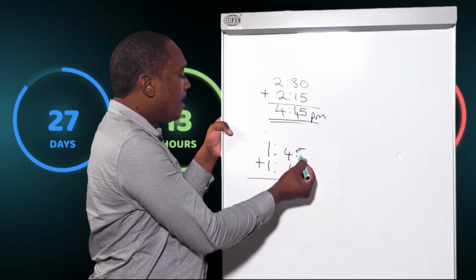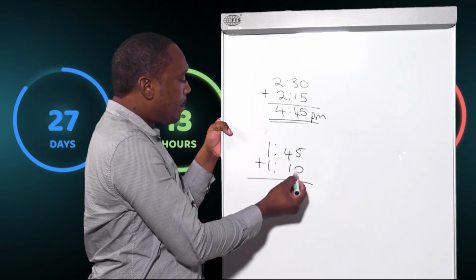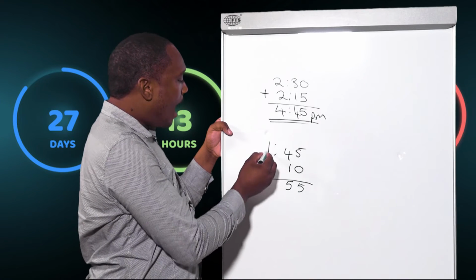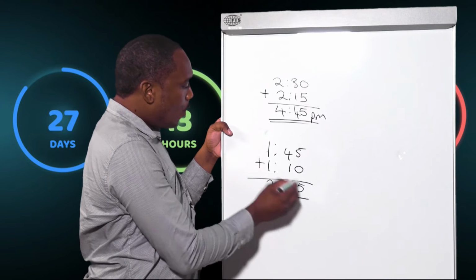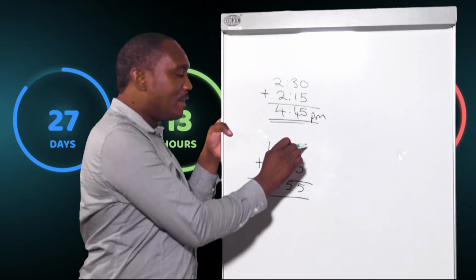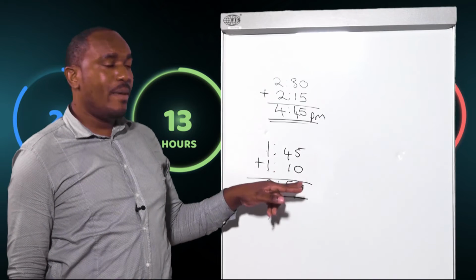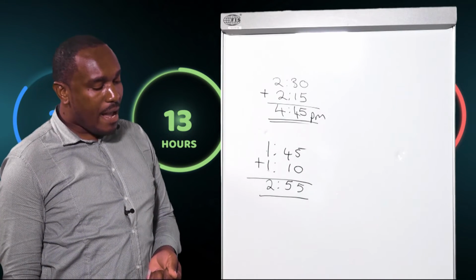You just say 5 plus 0, it will give you 5 there. 4 plus 1, it gives you 5 again. 1 plus 1, it gives you 2. So when you add 1 hour 45 minutes to 1 hour 10 minutes, it gives you 2 hours 55 minutes.